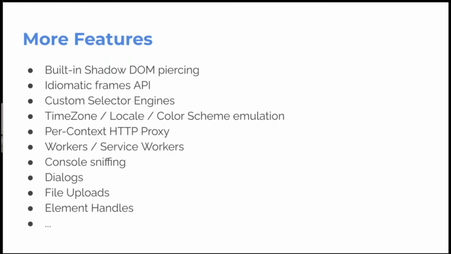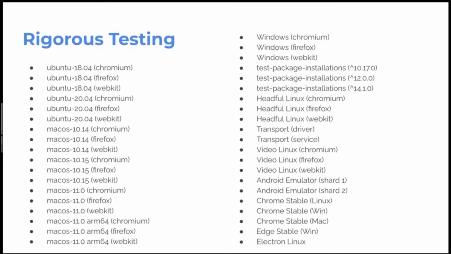Okay, you can emulate many more things, time zone, locale. There is a per-context HTTP proxy, which certain groups of our clients find very useful. We expose workers, service workers, give you console, dialogs, file uploads, element handles, and many, many more things, actually. Now, we not only have all of these features, but we also make sure that they work.